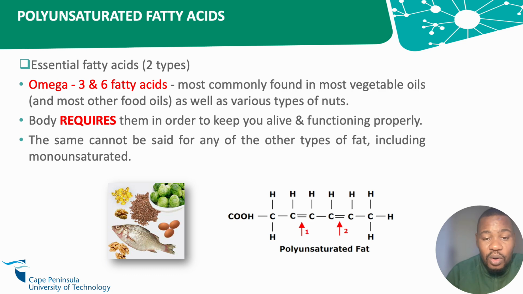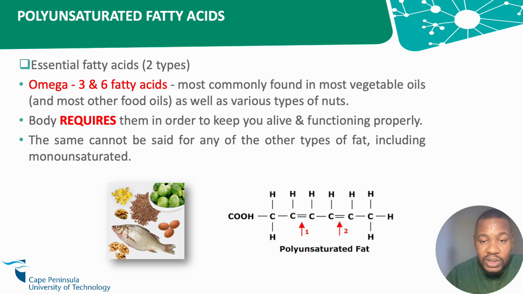We also have what we call polyunsaturated fats, all right? They have more than one double bond, so 1, 2 here. In these we find what we call the omega-3 and the omega-6 fatty acids.